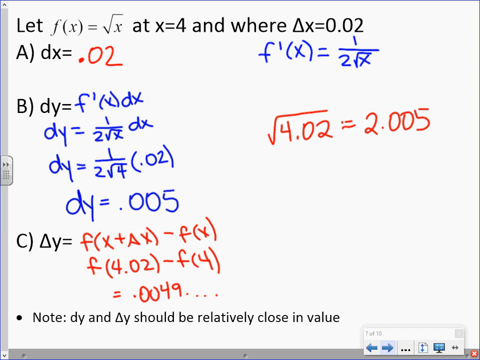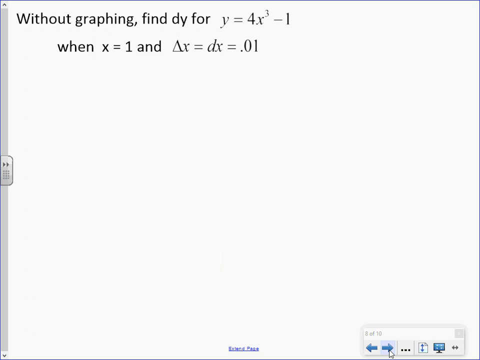All right, so let's focus on just the differentials piece. Go ahead and write this one down, please.